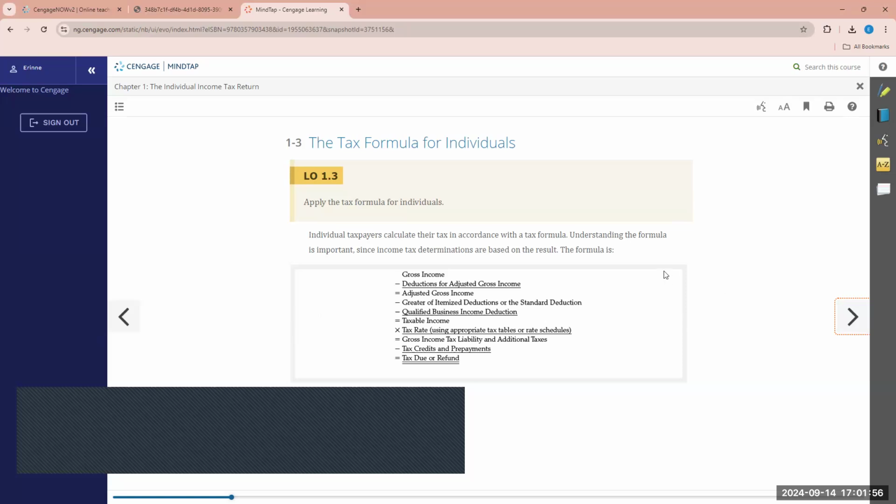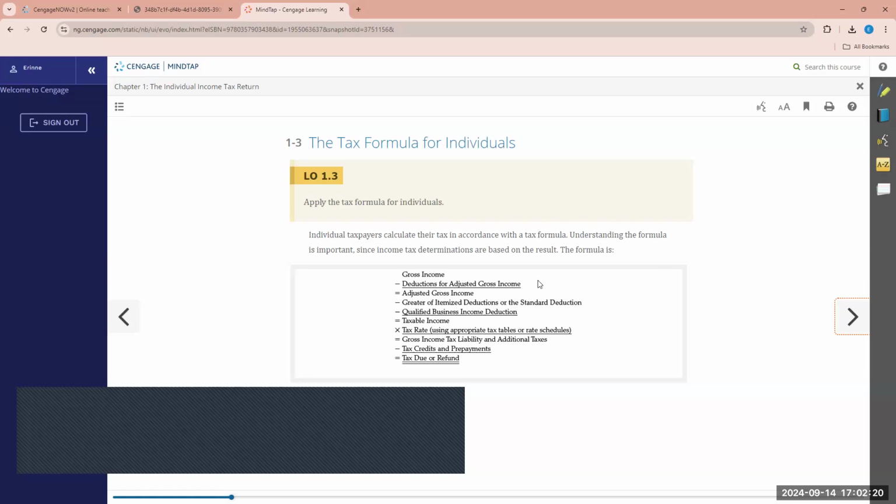From there, we subtract the greater of itemized deductions, which represents personal expenses that are allowed to be deducted for tax purposes, or the standard deduction, which is just an amount that the IRS chooses each year. It's indexed annually for inflation, but it's basically an amount of money they allow you to keep tax free.